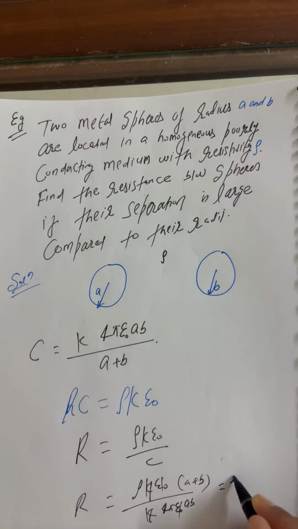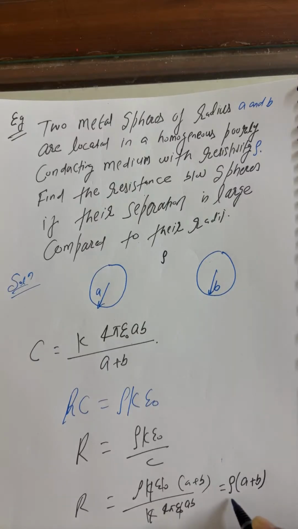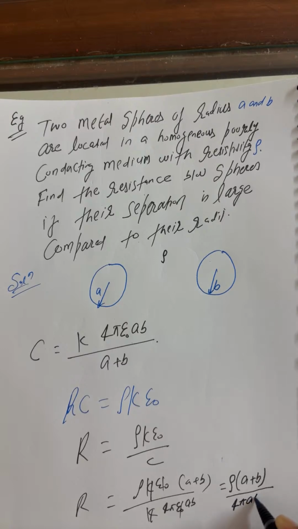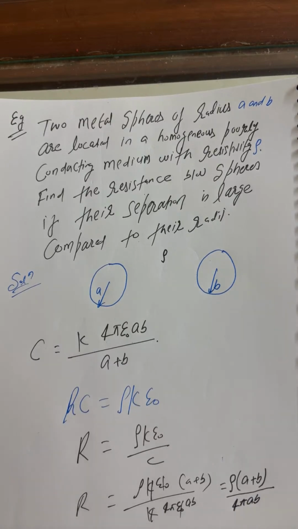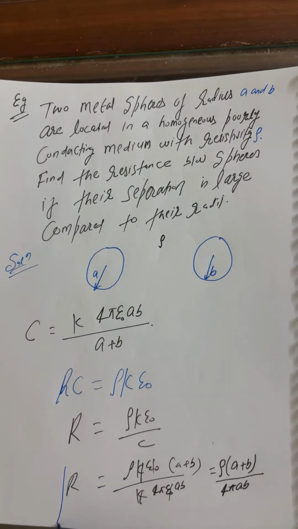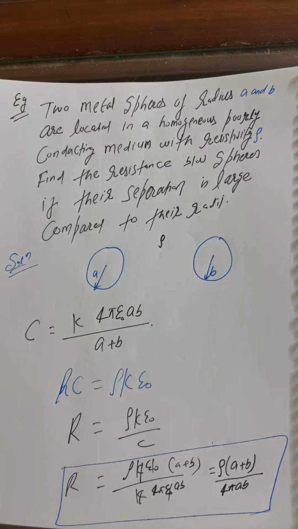So finally, you can say R is rho into (A plus B) upon 4 pi AB, right? So this is the answer of this question, sir.